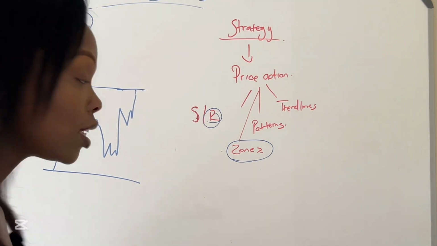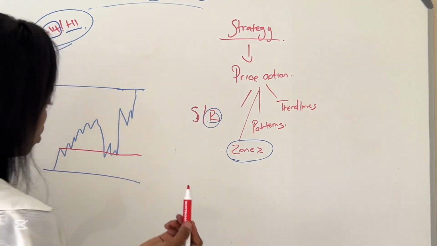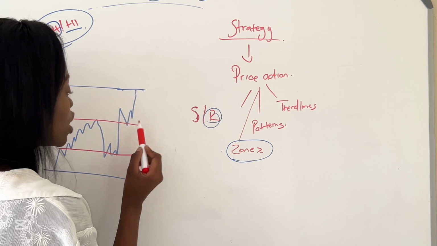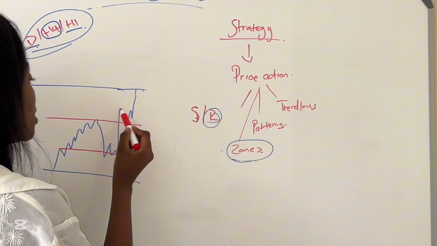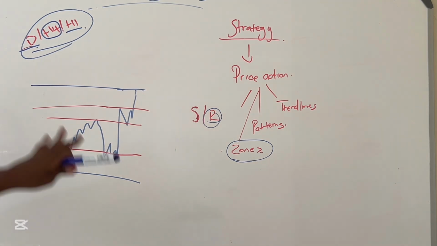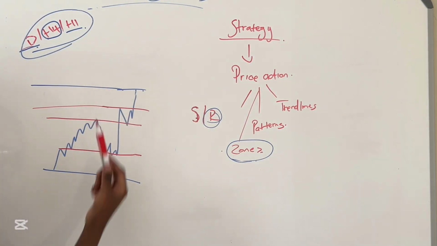If you see the market is reacting here, we consider this a zone. If the market is reacting here, you consider it a zone. So zones should preferably be drawn in between support and resistance.